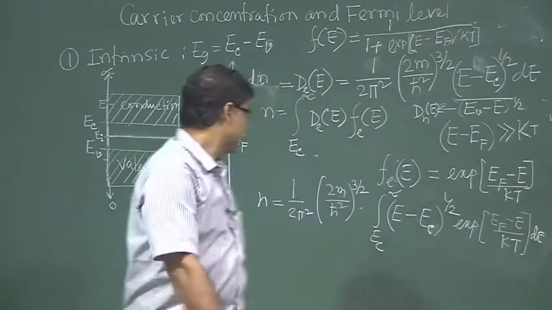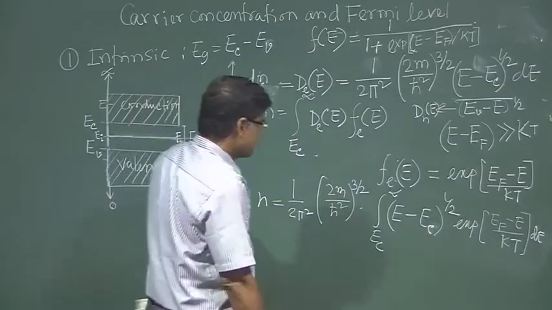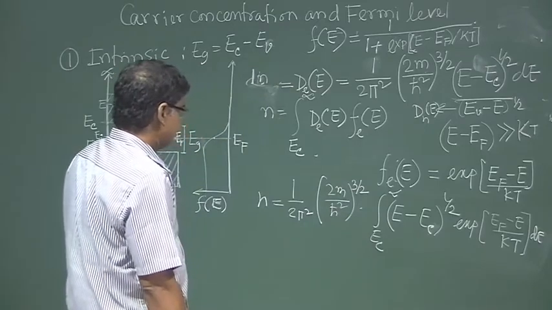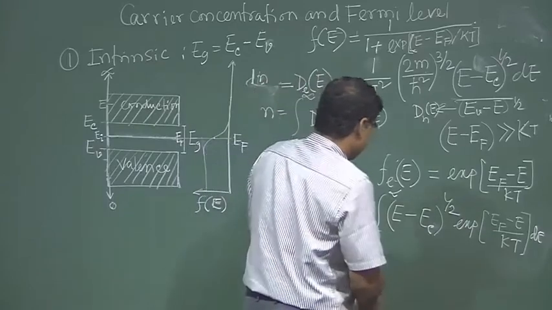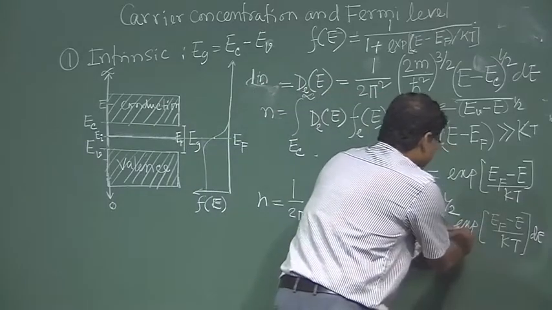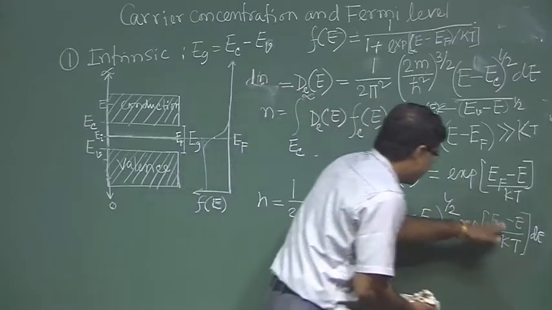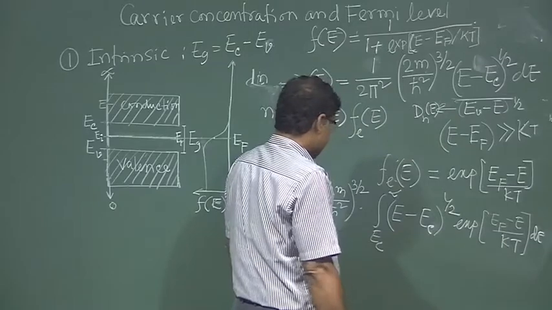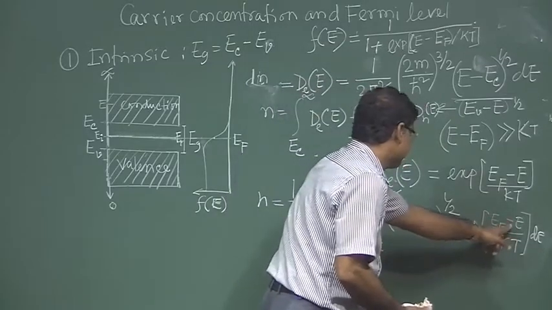With respect to dE, one has to integrate, and then this integration one can find out. So, what I will do here, this term, exponential EF by KT I can take out, and then actually here I want to set E minus EC.